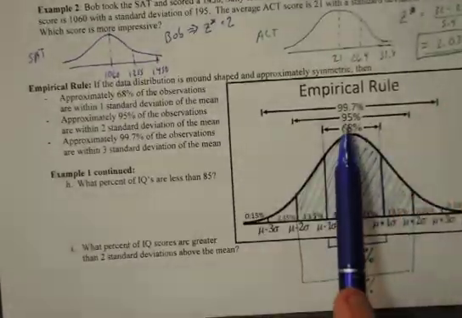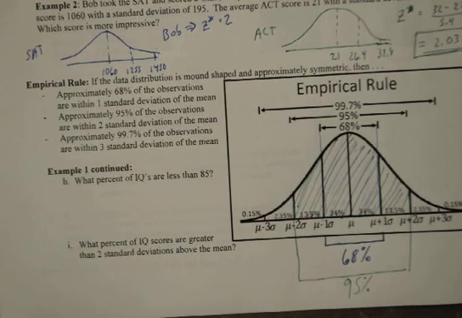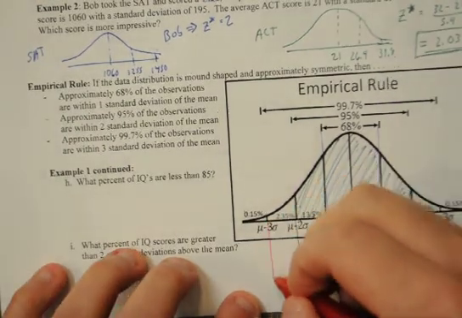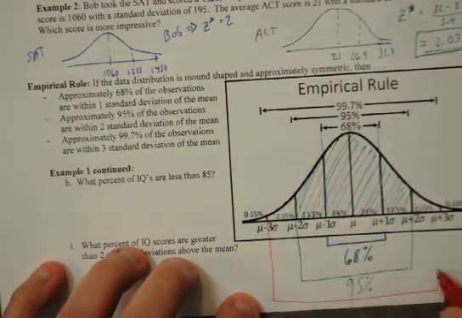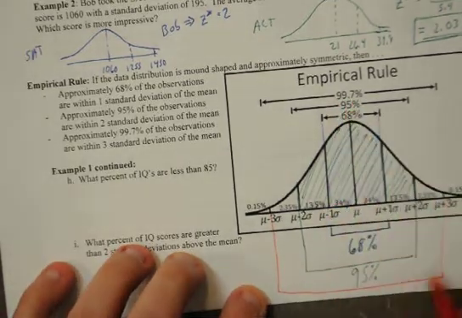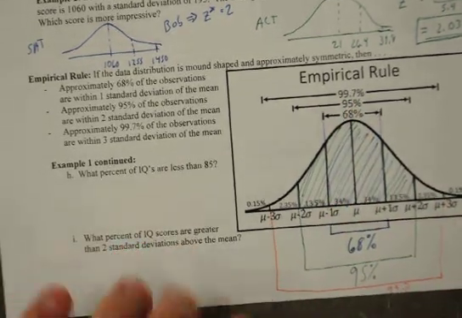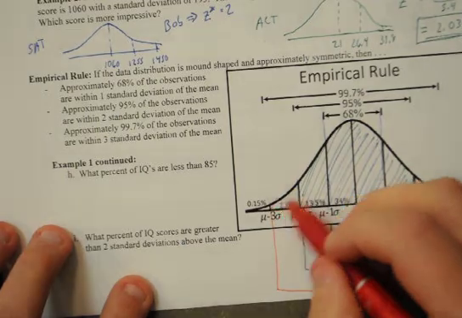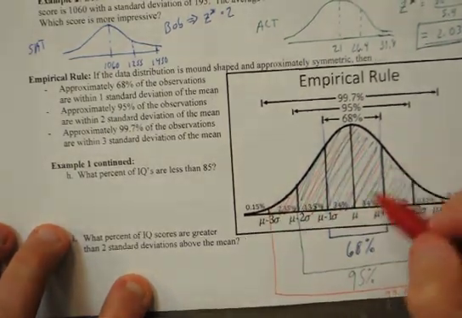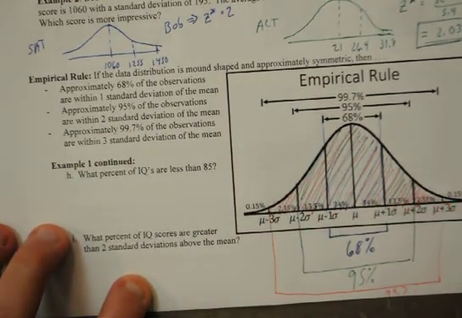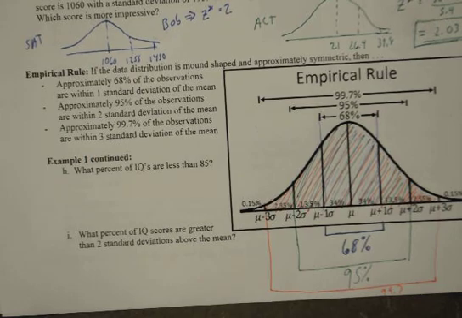So 95% are within 2, and then lastly, when you get out to 3 standard deviations, you're up to 99.7%. 99.7% of all of your data will fall within 3 standard deviations.